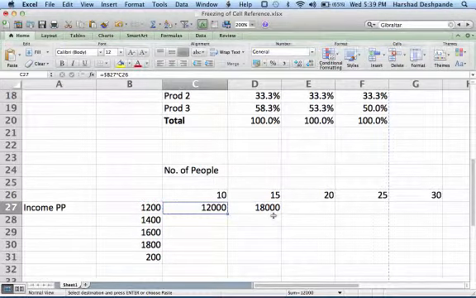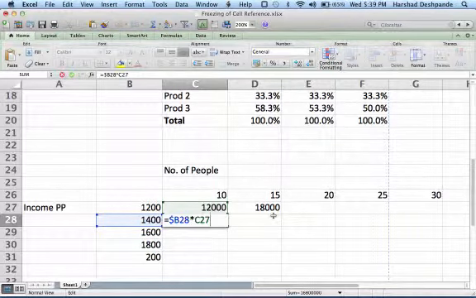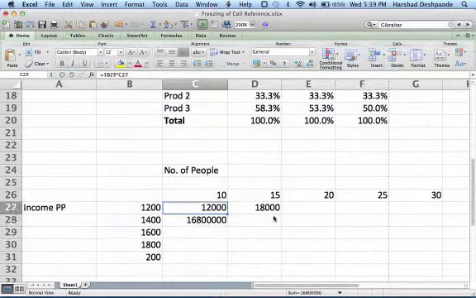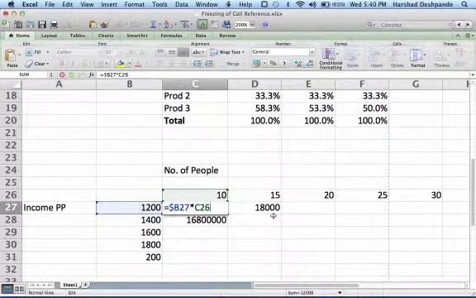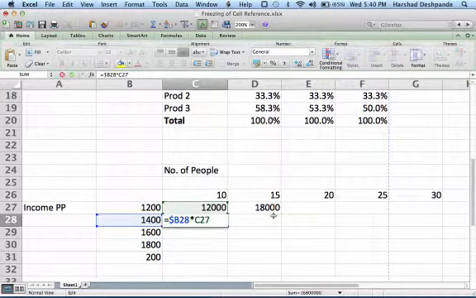Now try copying this up to down, and you would see that your blue reference is correct, which is income per person, but your green reference, which is number of people, has shifted down. Ideally it should have been 10 people. So there is a mistake that got committed because you copied C26 downwards, which has become C27 now.